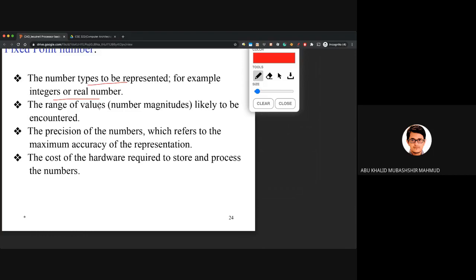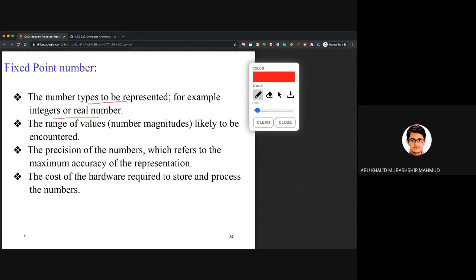The precision of numbers, which refers to the maximum accuracy of the representation, is also limited, because we don't know how much the memory can take of this fixed point number. And then the cost of the hardware required to store and process the numbers is always present in fixed point numbers.